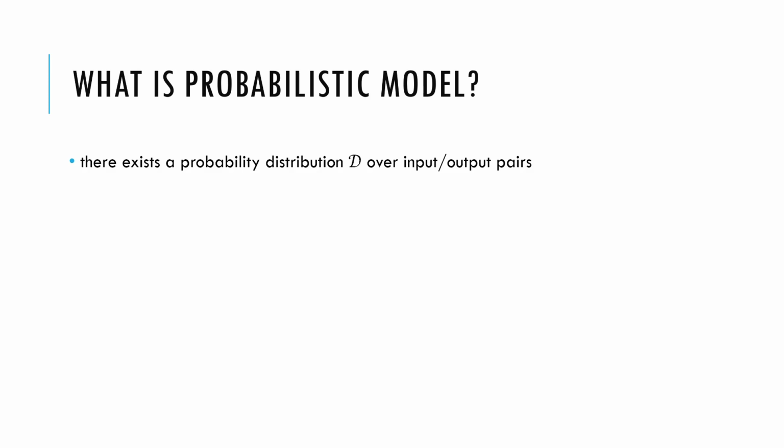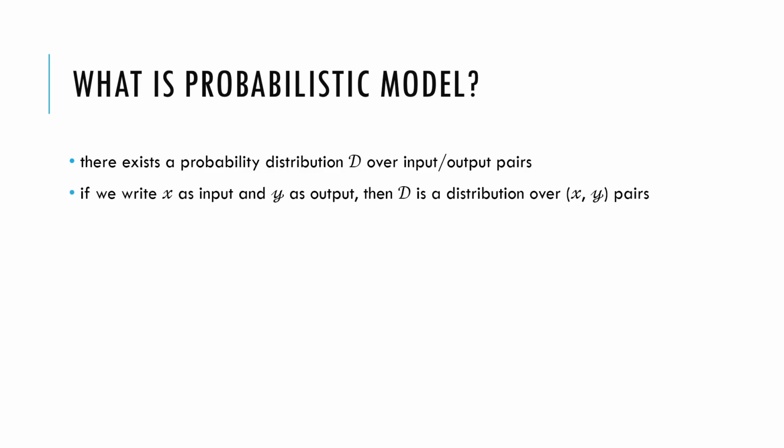The probabilistic model simply states that there is a probability distribution D over input and output pairs. So if we write X as our input and Y as our output, then D is just a distribution over X, Y pairs.